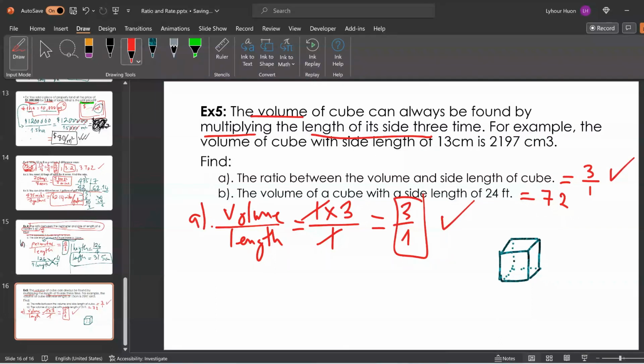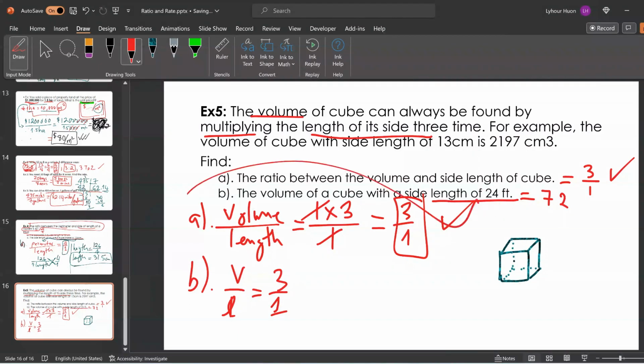Number B, the volume of a cube with a side length of 24 feet. We know that the volume over length equals 3 over 1. If we know the side length is 24, replace the length with 24.